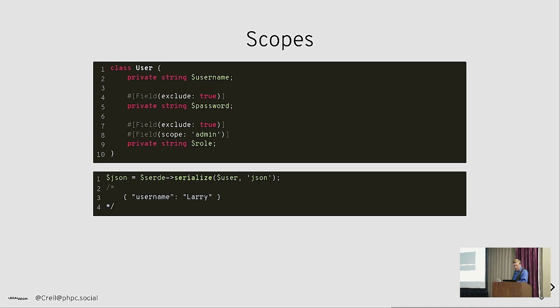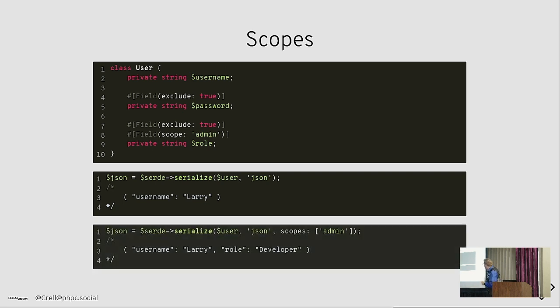And if we call it without specifying a scope, then we get just the username, because this is excluded and this is excluded. If we say use the admin scope, then we get this value. This is still excluded, but this admin scoped version of field will override this version. And OK, this version doesn't say to exclude it, so that'll get used. Make sense?